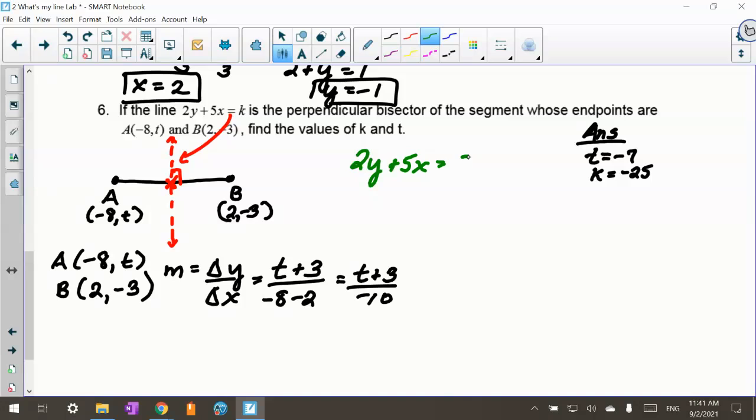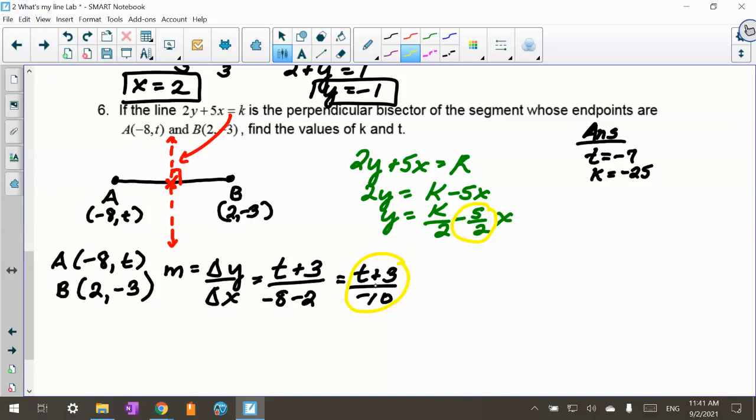I'm going to solve for y to see if that'll help me out. So I have 2y equals k minus 5x. And then I'm going to divide through by 2. So I have y equals k over 2 minus 5 over 2 x. Now I'm happy because look, there's the slope of my perpendicular bisector. Here's the slope of my line segment.